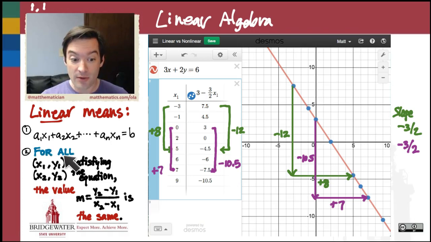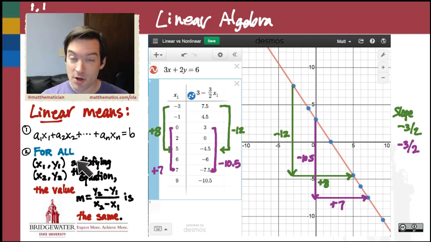Because what we've made here is called a universal claim. This "for all" that I wrote at the beginning of this assertion is what's called a logical universal quantifier. It means that in order for this statement to be true, it needs to be true no matter which x1, y1, and x2, y2 that satisfy this equation I choose. Which means, really, that I don't get to choose them at all.